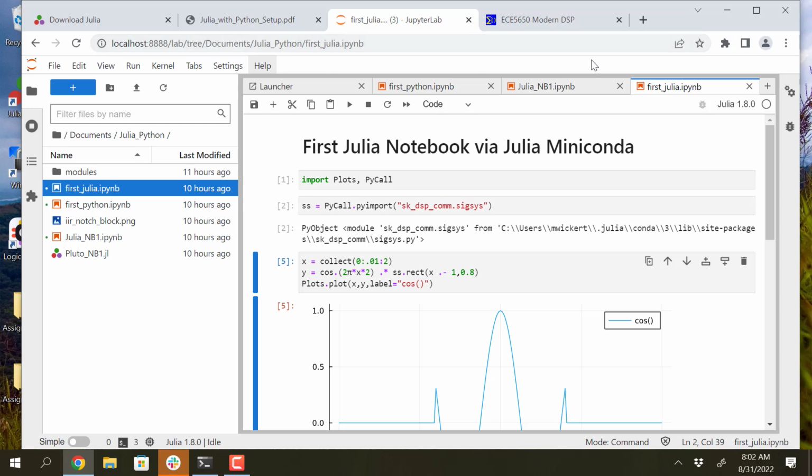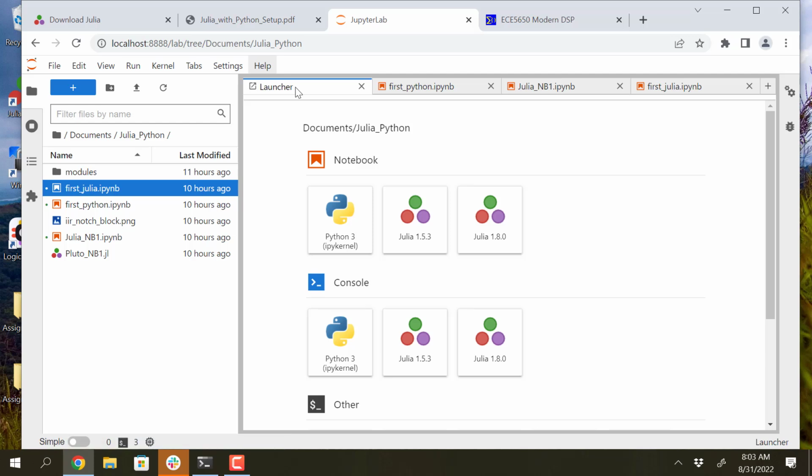Things that you probably don't realize, but what these tools now do is they actually run a local web server. So you're running a web server right on your machine that you're connecting to, and then it's talking to the kernels, the numerical engines for Julia and Python, and that's what this tells you, that you've got that capability.